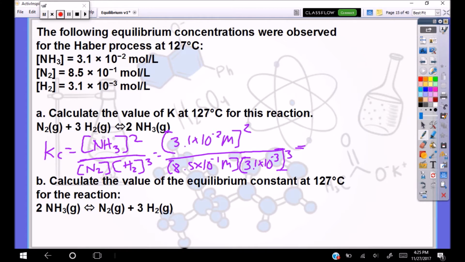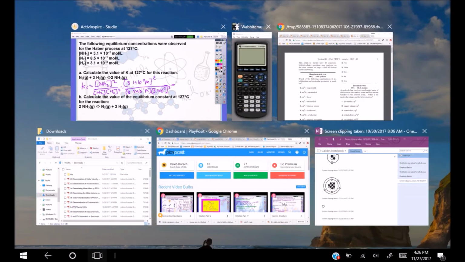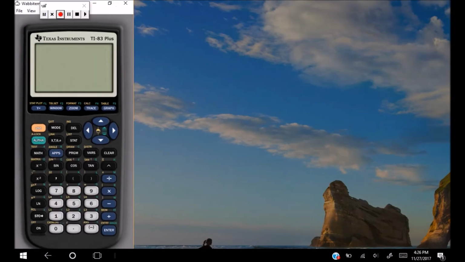So this is the only one I have to do a ton of real calculation for. Okay, so 3.1 e to the negative second squared. That part's easy.